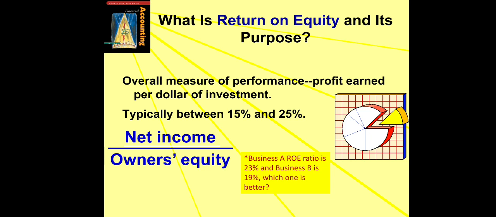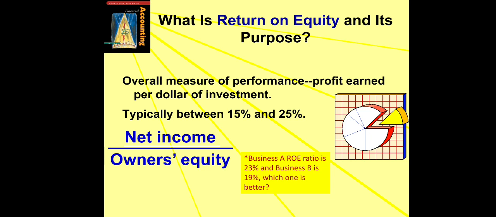Most of the time, if somebody says his business can generate or has an ROE of more than 25%, then that is too good to be true. Too good to be true.